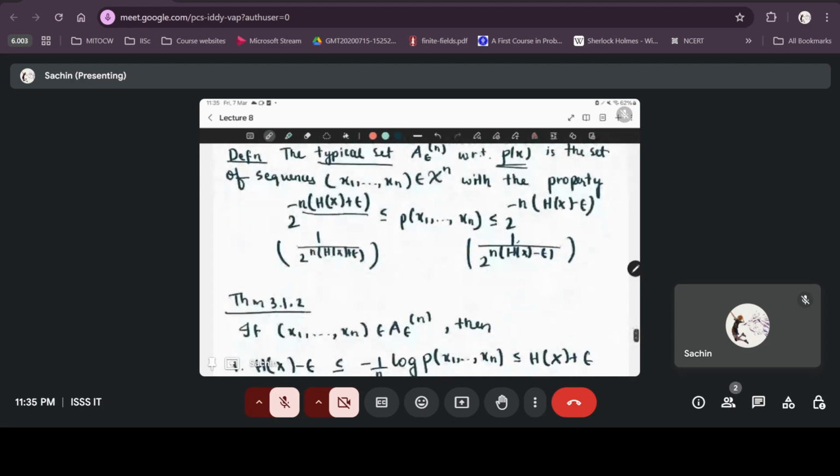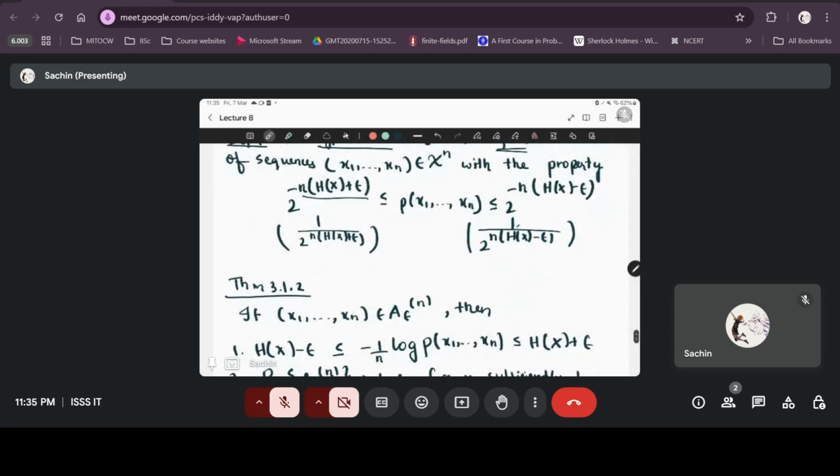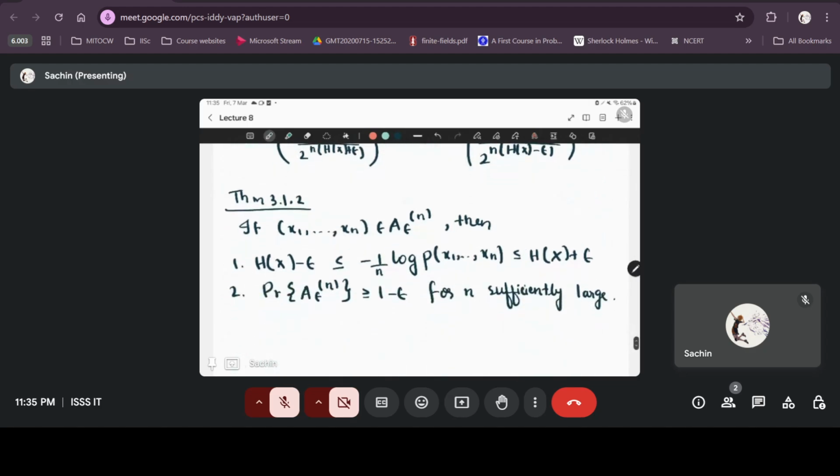So if you conduct enough number of trials, then the probability of this typical set is very high. So you can make it as high as you want. Of course, it will always be less than 1, but you can make it as close to 1 as you want, in the sense that the probability that a sequence from this set occurs is close to 1.